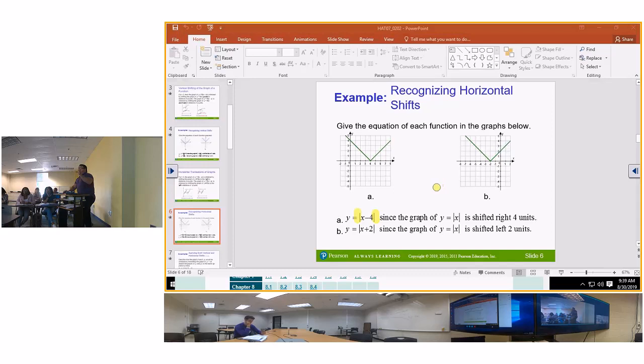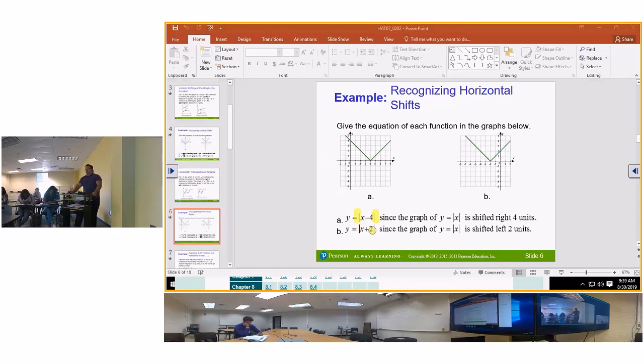Anything outside of those marks, parentheses, or the square root symbol is a vertical shift. If it's within the marks, that is the horizontal shift. That's why I showed you those three different examples, and the h was always inside the parentheses. And that's what they're telling you here.